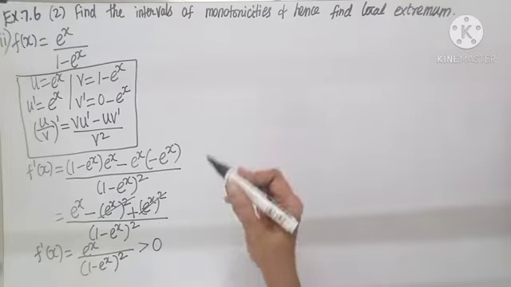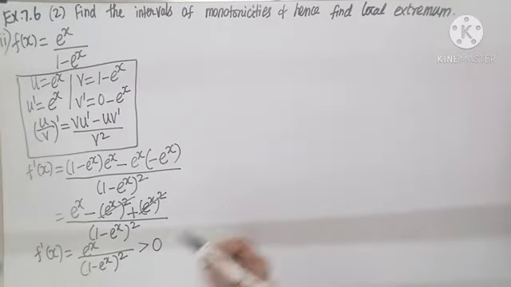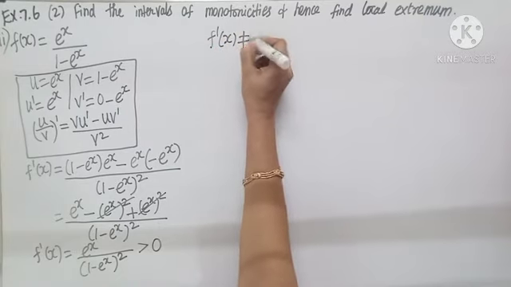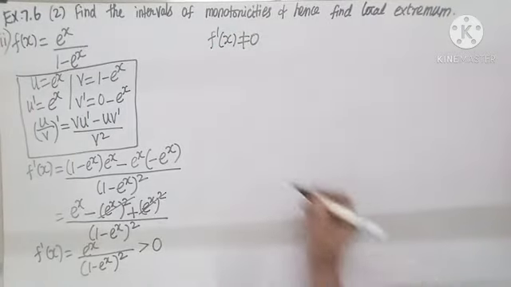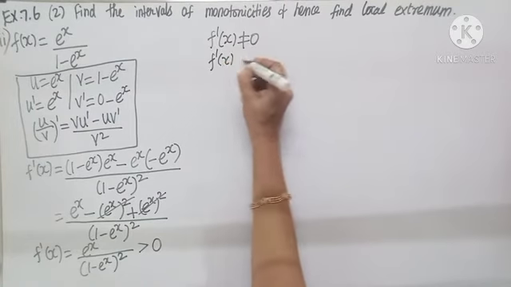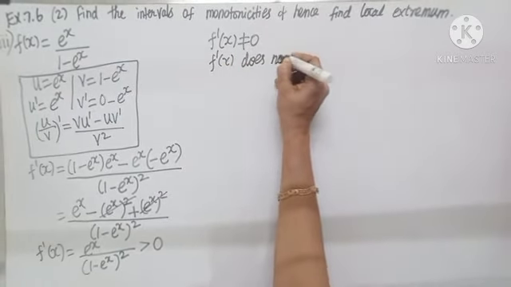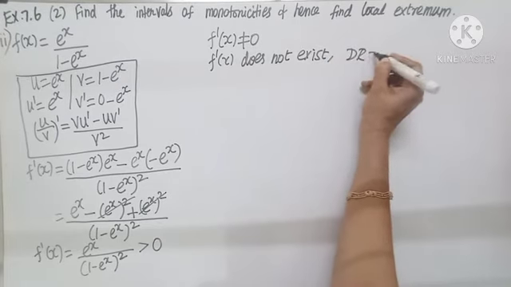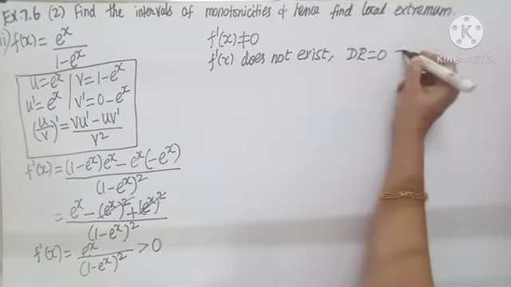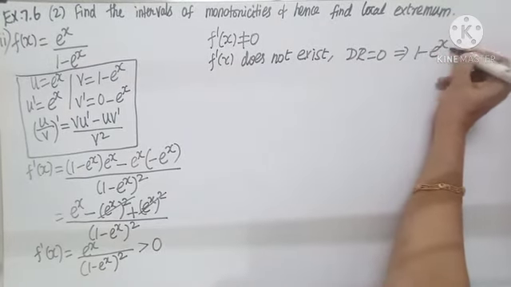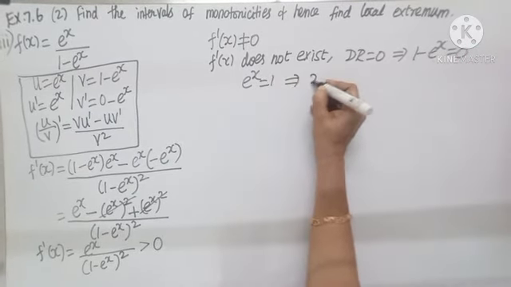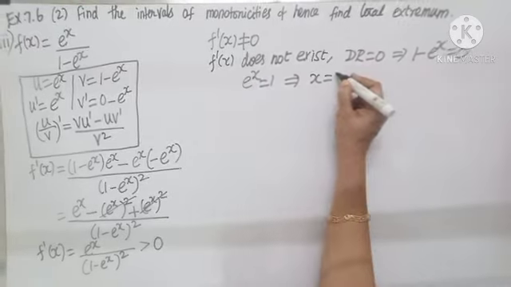Or if we want to do it in steps, how shall I proceed? f dash of x not equal to 0. f dash of x does not exist when the denominator equals 0. The denominator is 1 minus e power x equal to 0. e power x is 1 tells me x is equal to 0.